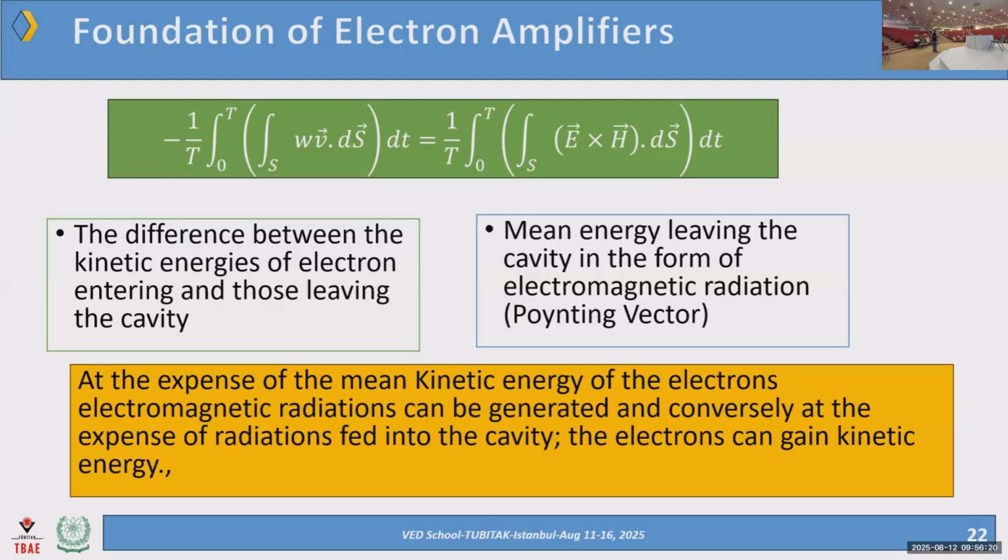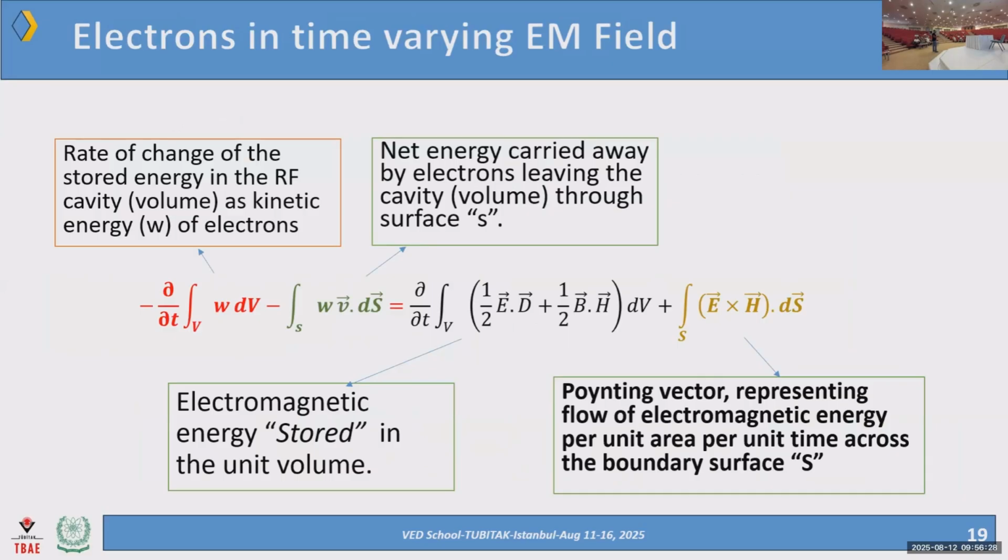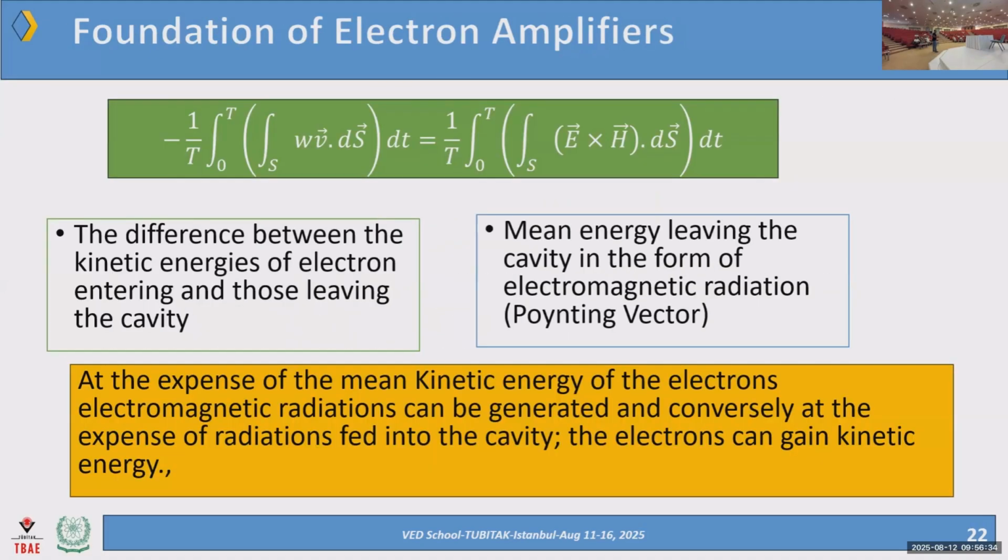I copied it from some text, but my personal opinion is biased towards this detailed history. Anyway, you guys can choose your physics. In any case, the difference between the kinetic energy of electrons entering and those leaving the cavity is represented by this over a period of the whole cycle.